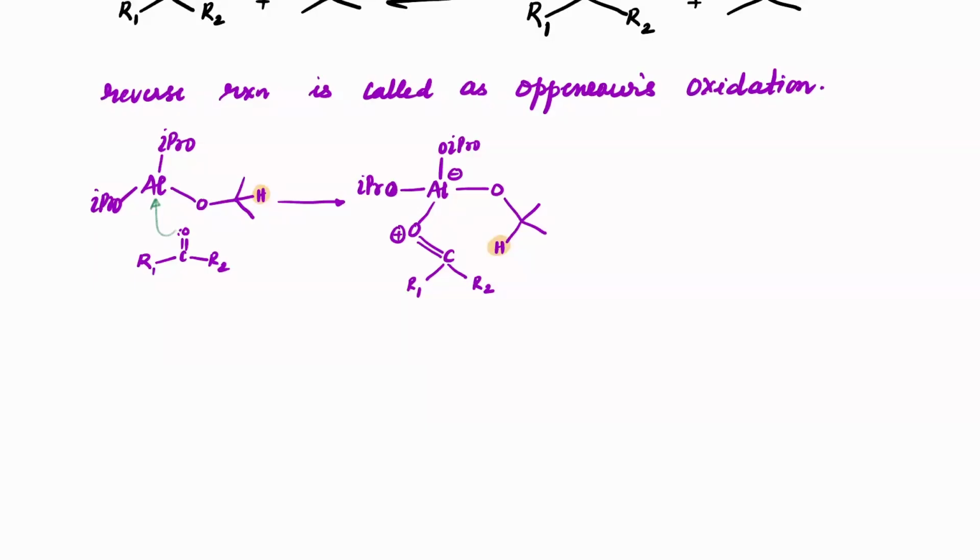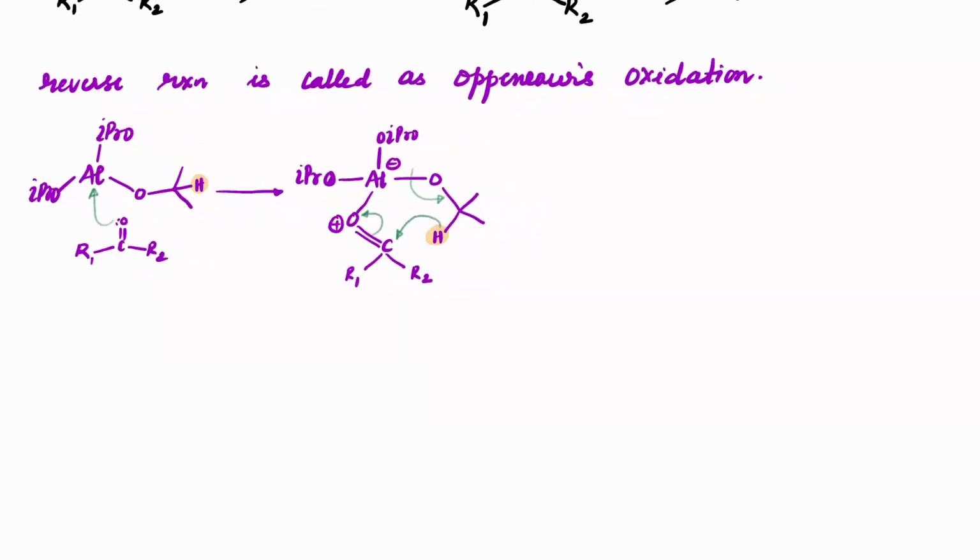Okay. And now what will happen? Internally, you will see this H minus can attack on the carbon. This bond can move onto oxygen here, isn't it? And that will create O minus on that oxygen here. And this bond can push into making a double bond, right?